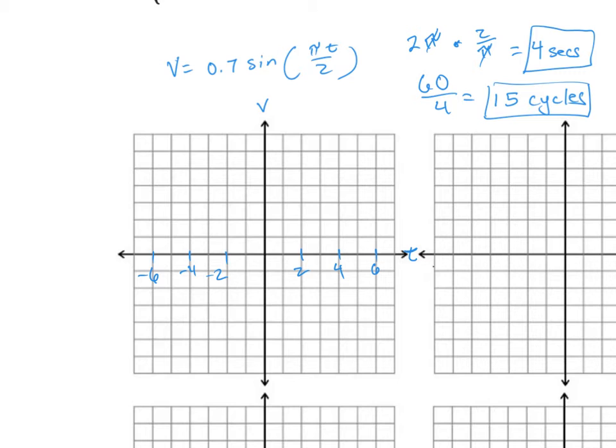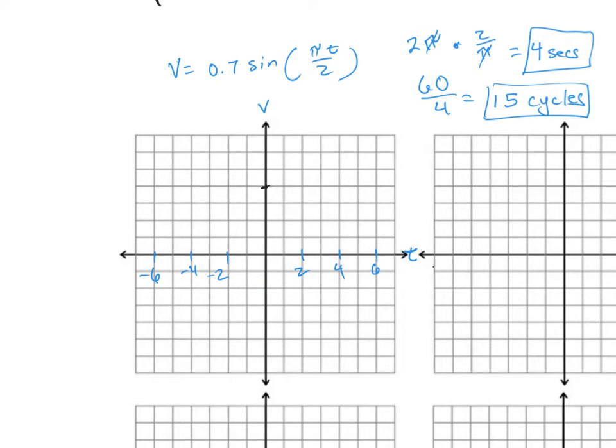So it doesn't go up to 1, it goes up to 0.7. If this is 1, and if this is -1, it doesn't quite reach it. It will come up close, but not quite. So probably around there.